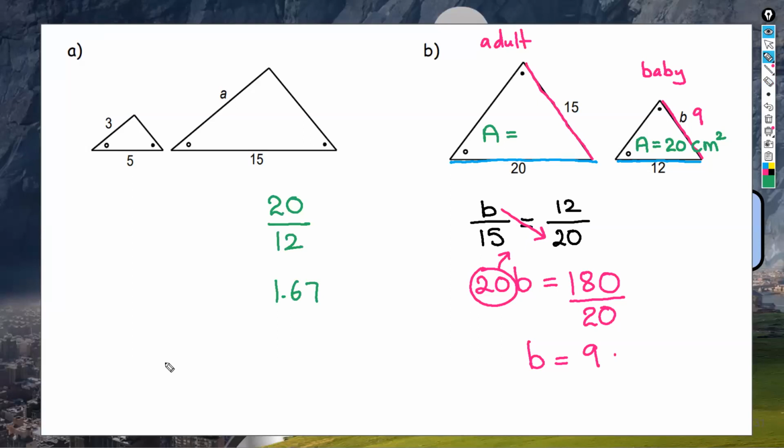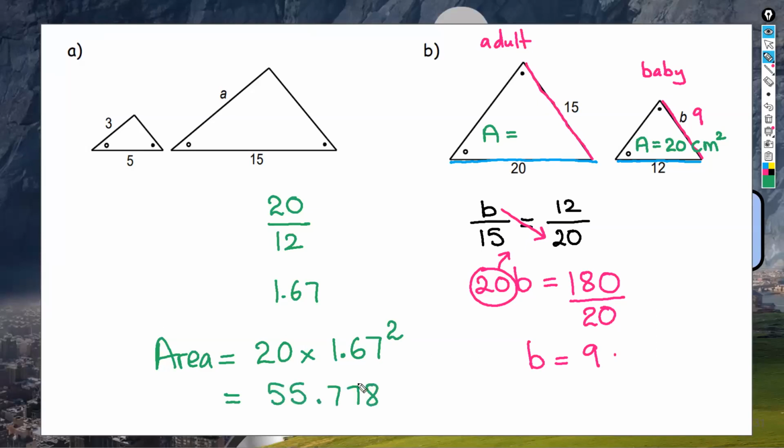To find the area, we take the area, which is 20, and multiply by 1.67 squared. In the last one we had the number 3 because the sides got 3 times larger, but now it's 1.67 times larger. So 20 multiplied by 1.67 squared, make sure you're seeing this on the calculator.